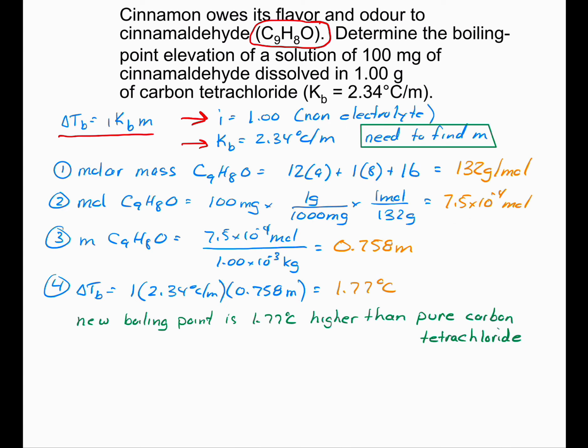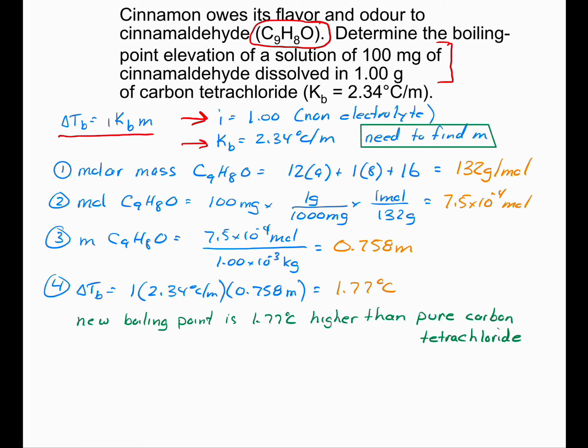And just like the previous question, we're going to try and figure out what the molality is. We're given some masses of our solution, some masses of the solute, but we have to figure out what the moles are. Remember, molality is the moles of the solute over the kilograms of solvent. So let's first figure out the moles of the solute.